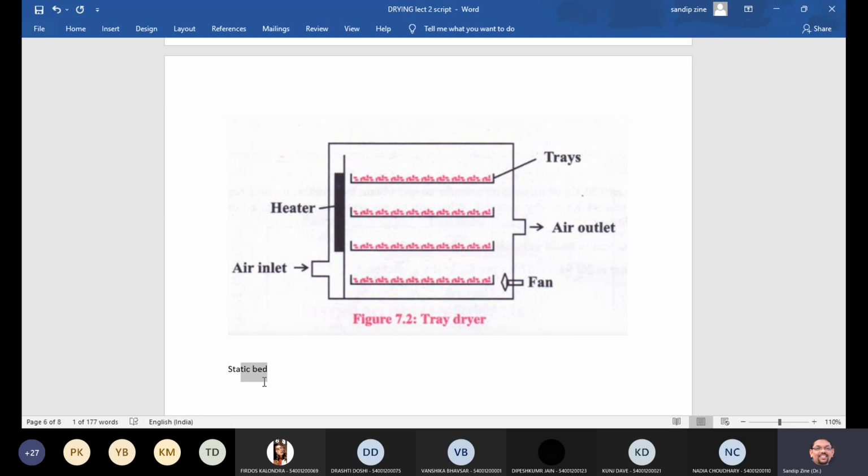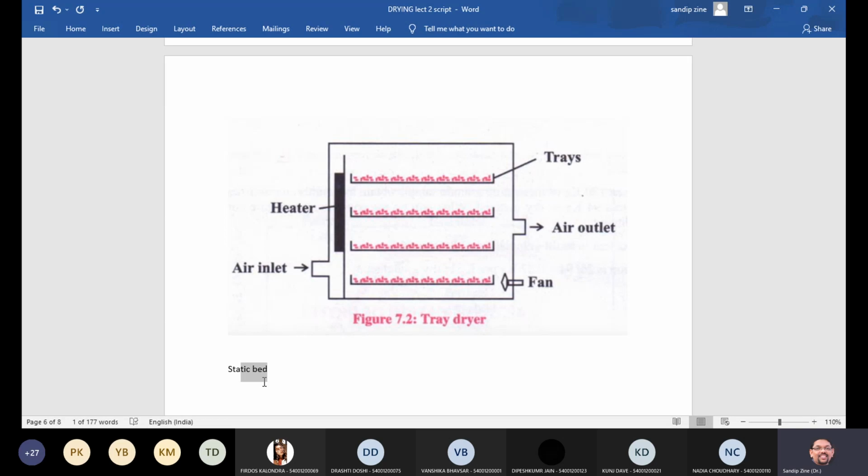So this is called a batch process. Again, at 12:15 you will put another sample over here for drying purpose. Then after 2 hours, again you will remove that particular batch. That kind of mode is called the batch process. So this tray dryer comes under batch process.